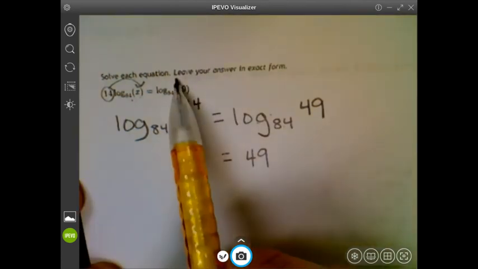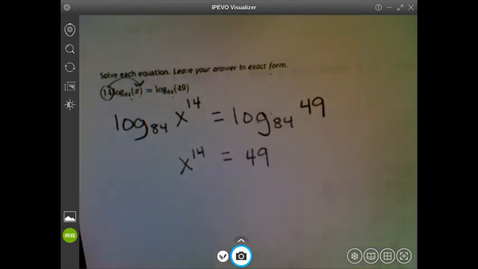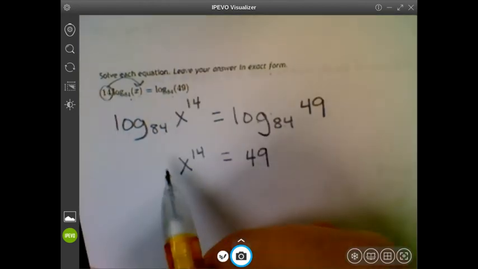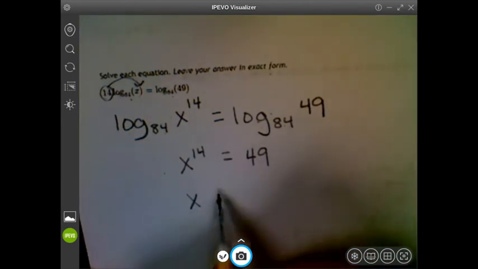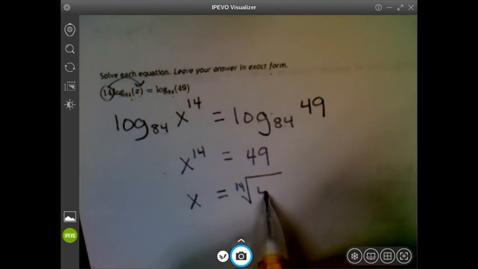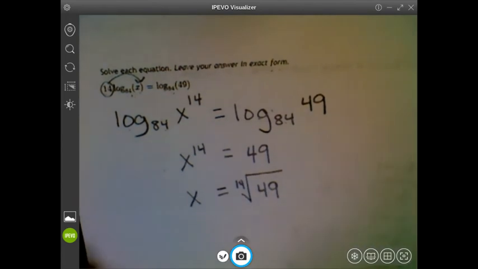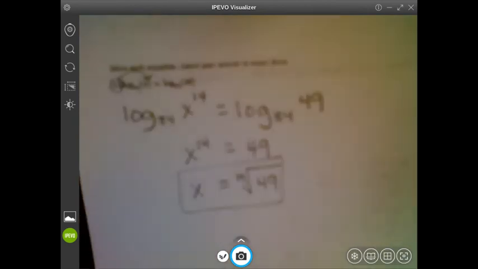The question says to leave your answer in exact form, so as we solve this, we're not going to use our calculator and do any decimals. You can get rid of the 14th power by taking the 14th root. So this would be the 14th root of 49. And yes, 14th roots exist. They're just not very common. We just don't talk about them a bunch. And so here is your solution for x.